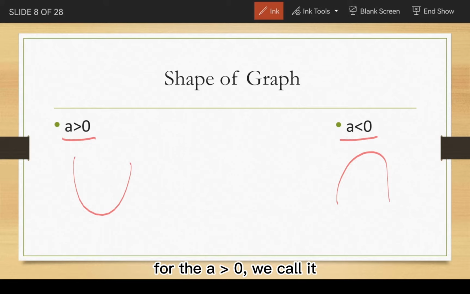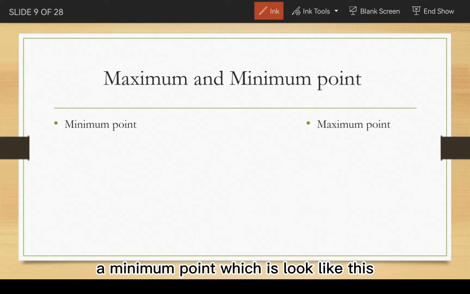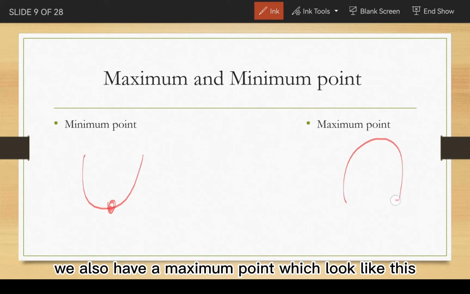For a greater than 0, we call it a minimum graph. And this we call a maximum graph. For the minimum graph, we have a minimum point which looks like this. And for the maximum graph, we also have a maximum point which looks like this.